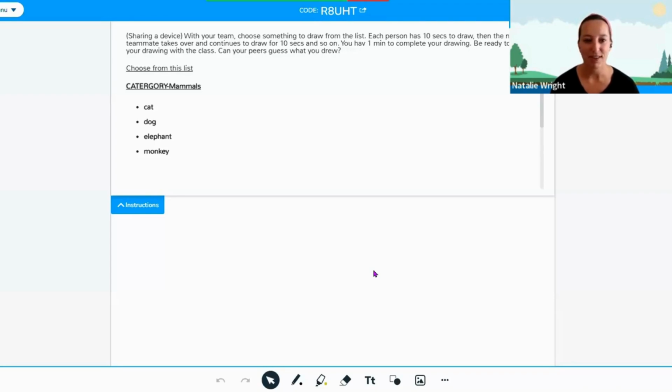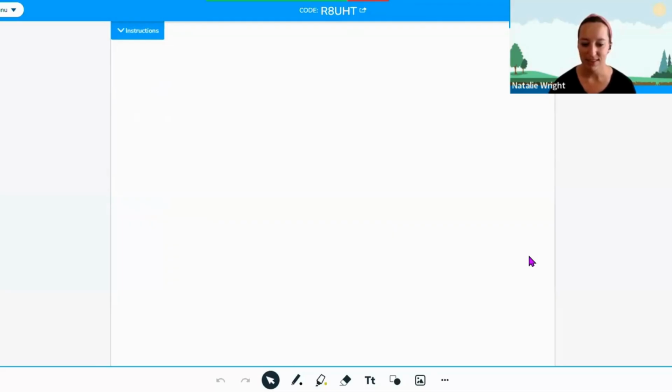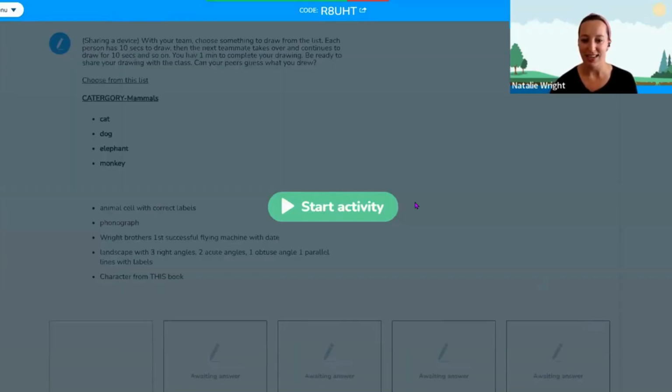So right now, you guys have 10 seconds, just because we got to keep moving, to draw something from this category. Our category is mammals. So you can draw a cat, a dog, an elephant, a monkey, but you only have 10 seconds. Hit submit. I will be sharing and we're going to try to guess.